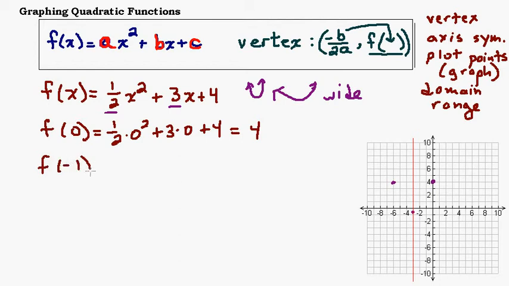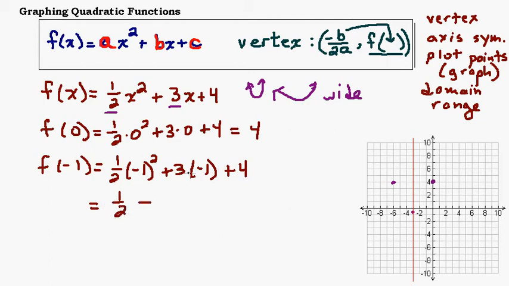Okay, f of negative 1 is going to be 1/2 times negative 1 squared plus 3 times negative 1 plus 4, which would be 1/2 times 1, which is just 1/2, and 3 times negative 1 is negative 3, plus 4. 1/2 take away 3 is negative 2.5, plus 4 would be 1.5.